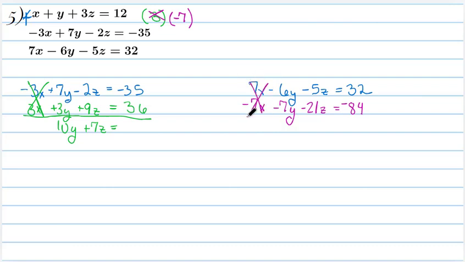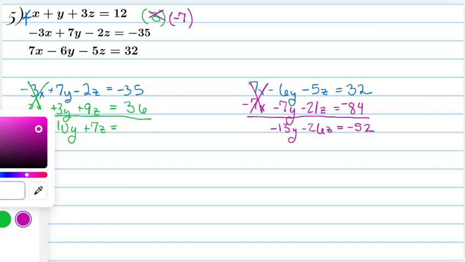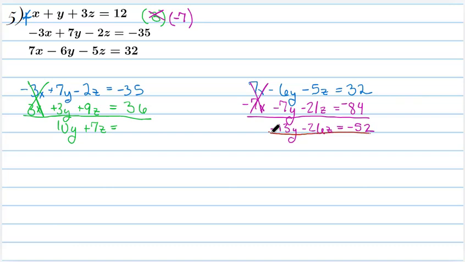Again, our x's cancel out, and we're left with -13y minus 26z equals -52. All of those numbers are divisible by the same thing. They're all divisible by 13. I'm going to divide all of those numbers by 13.